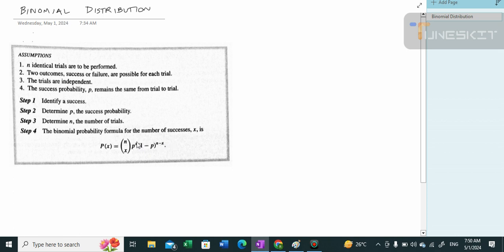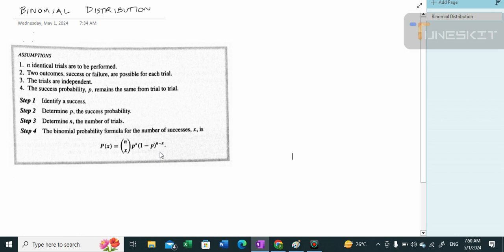Here n is the number of times that you are repeating any experiment or observing any phenomenon. x is the number of successes that you may achieve in n number of trials. p represents the probability of success, and 1 minus p represents the probability of failure.